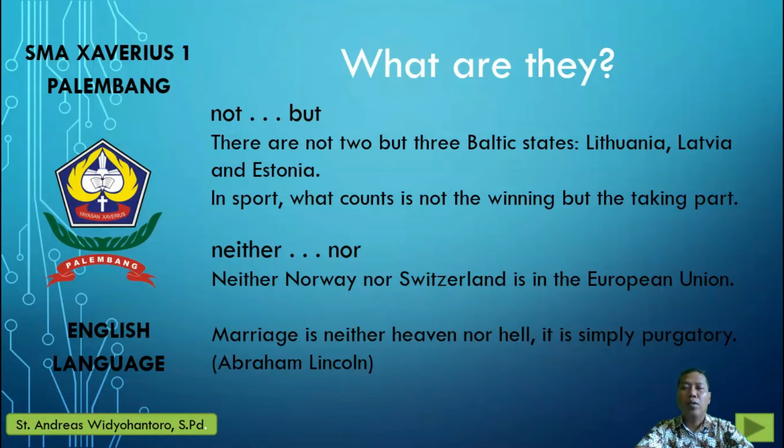Neither... nor. Here, we have two options, and we are not going to choose either of them. Neither Norway nor Switzerland is in the European Union. Marriage is neither heaven nor hell, it is simply purgatory, as said by Abraham Lincoln.